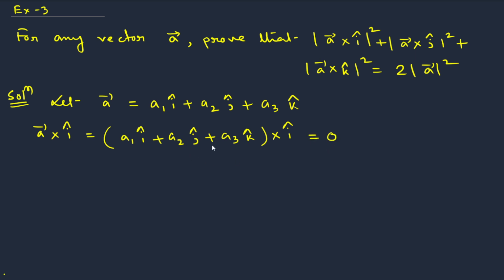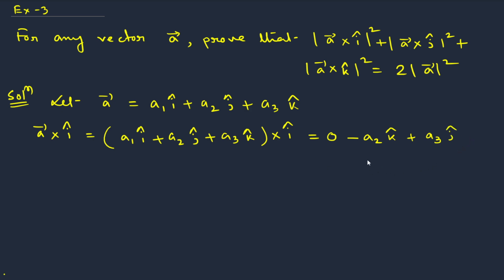Then j cross i, I made the cycle, right? j cross i is in reverse order, so it will be minus a2 k cap. And then k cross i, it is in the cyclic order, so it will be a3 j cap.